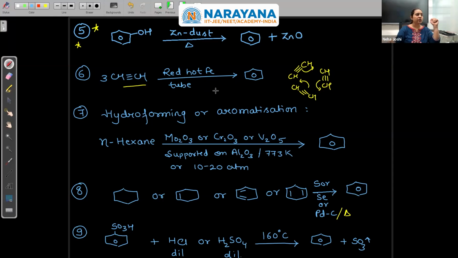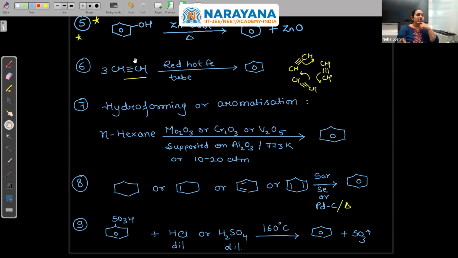These days those integer questions come, how much amount of zinc is consumed and all those. So this is how the change is, zinc is converted to ZnO. Now you can balance and do those integers if required. Okay, all these marked are important questions.